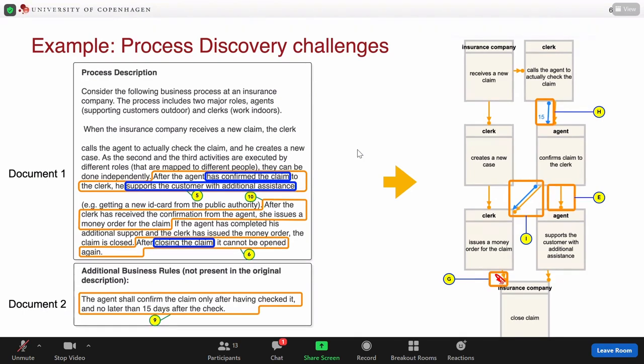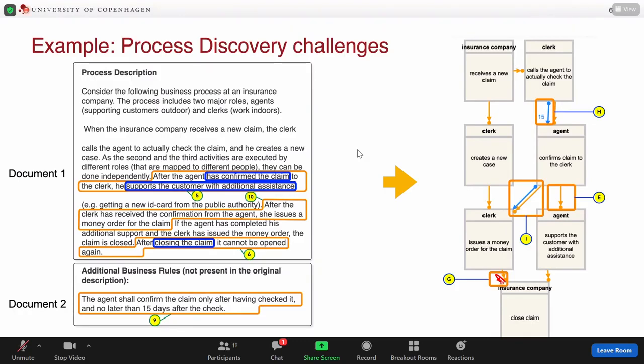However, when we see process descriptions, we see that the semantic representation changes depending on the context. If you see the right-hand side, the agent goes from confirm the claim by the clerk to 2 different places: issues the money order for the claim, and supports the customer with additional assistance. They are actually the same representation of the if-then-else pattern.